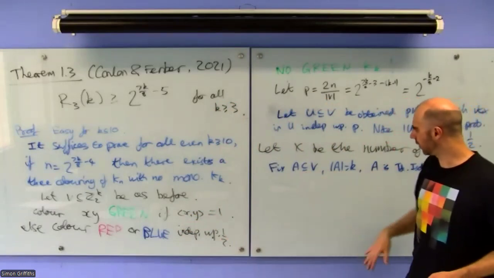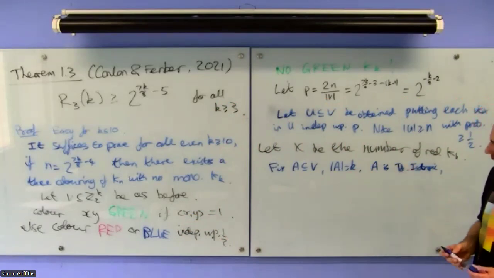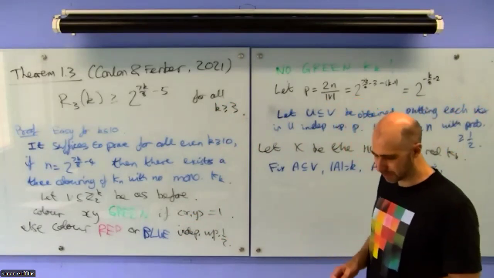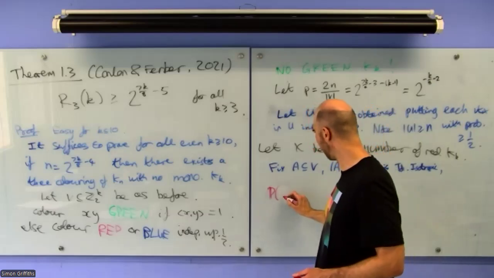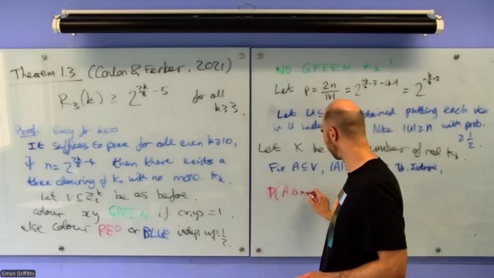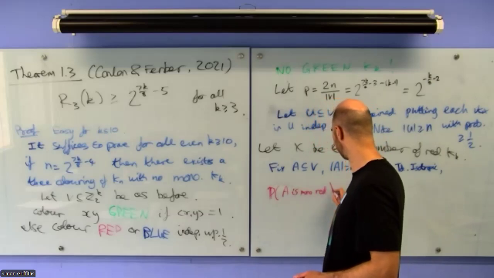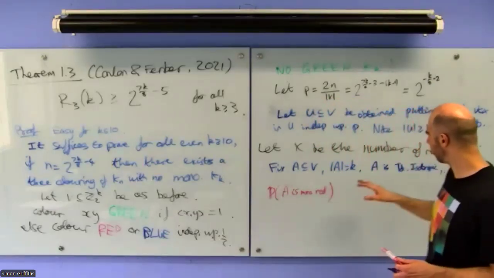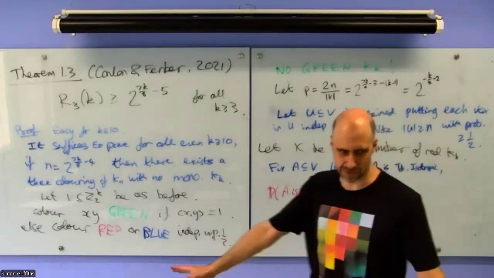It's contained in V, has size K, and it's totally isotropic. What is the probability that A is monochromatic in red? So if it's totally isotropic, you've already saved it from green. It's no green.